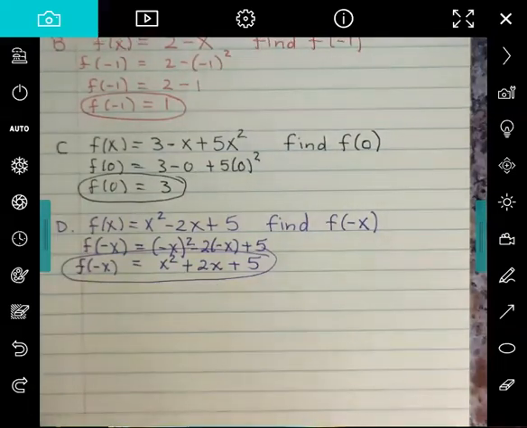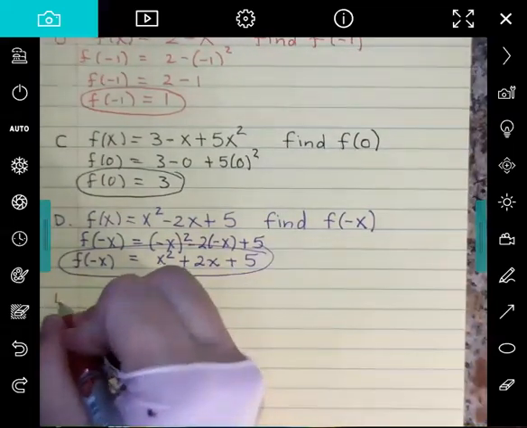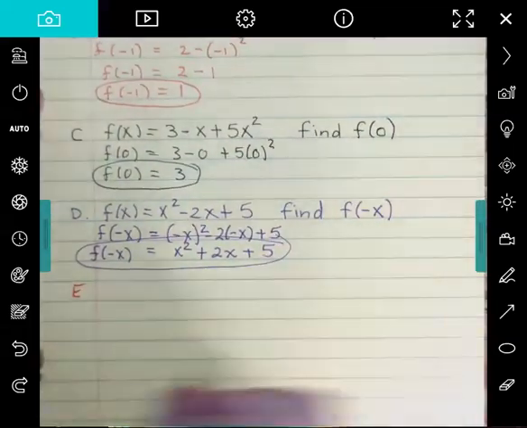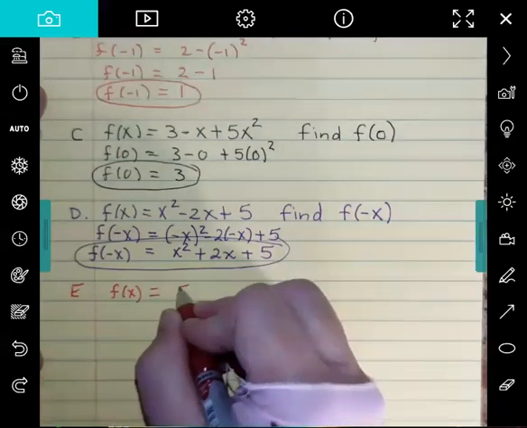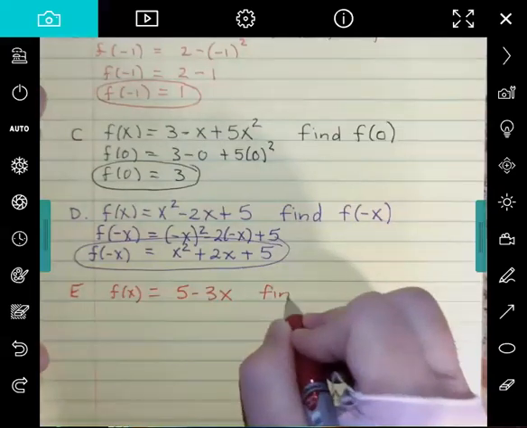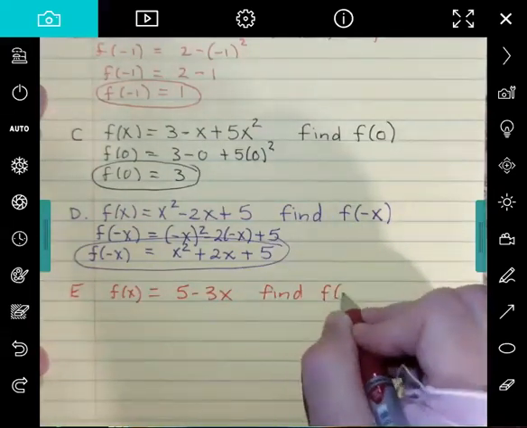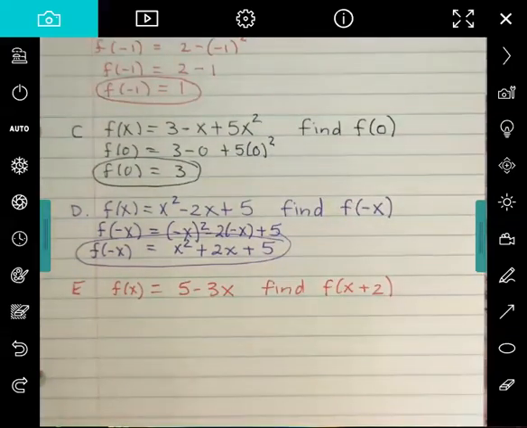Letter E. F of x is 5 minus 3x. Find f of x plus 2. You need a bigger challenge. So everywhere there's an x, you put the whole thing, x plus 2.